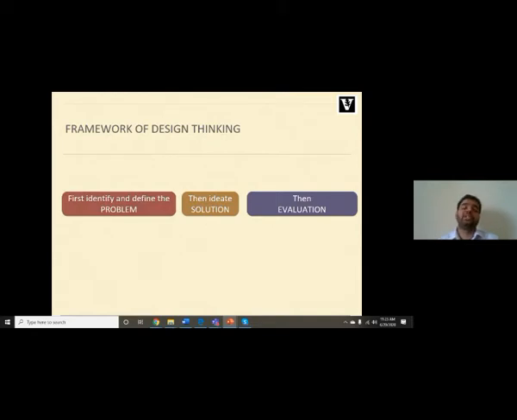So let's see what is inside the problem definition, solution ideation, and evaluation processes. Within problem definition, first we have to empathize with our users. Empathizing means knowing what is going on inside my user's mind, right? I'm empathizing with you, trying to know how you are thinking, what you are thinking, right?